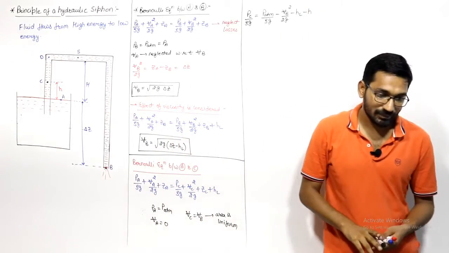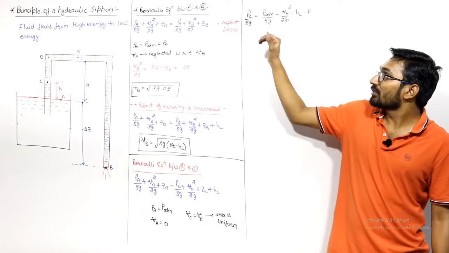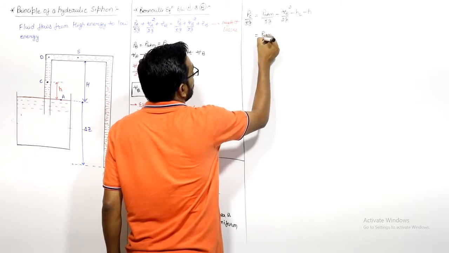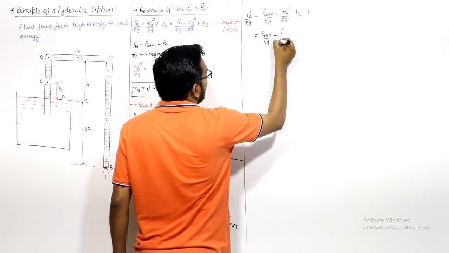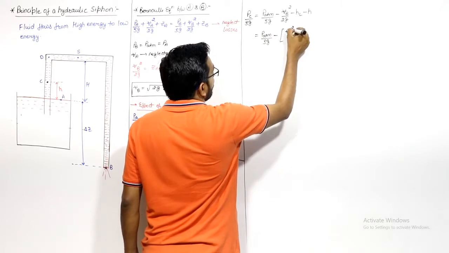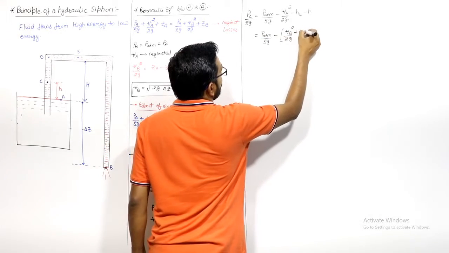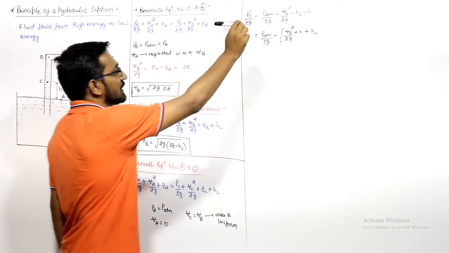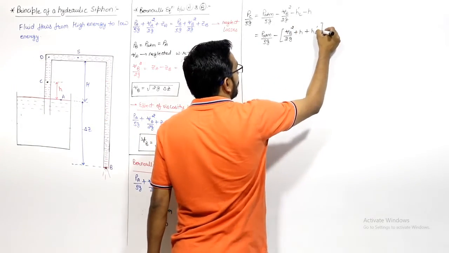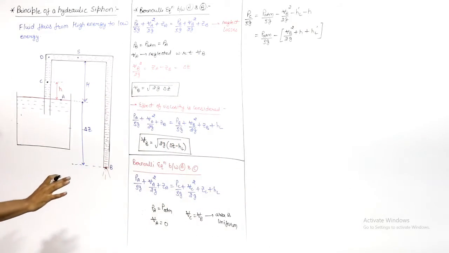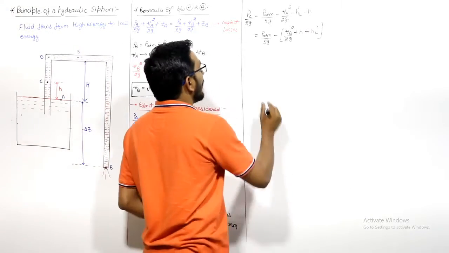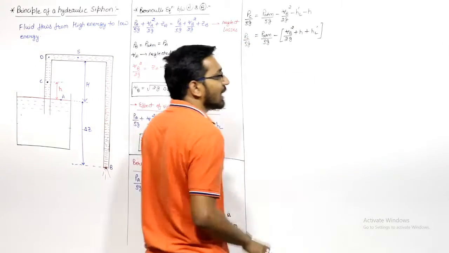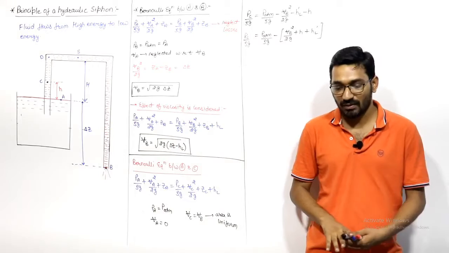So PC upon rho g will be equal to PATM upon rho g minus of, I take this common, VB square by 2g plus h plus head loss. If you are confused that this head loss and the earlier head loss are equal, I'll take head loss dash, since this is flow between A and C only, not the whole pipe. So you can see from here that the pressure at point C is less than the atmospheric pressure. This is the important concept which I want to say.